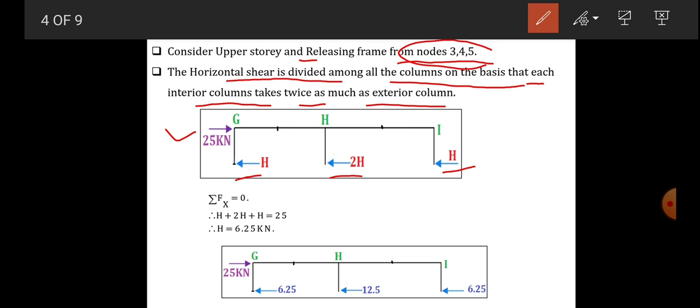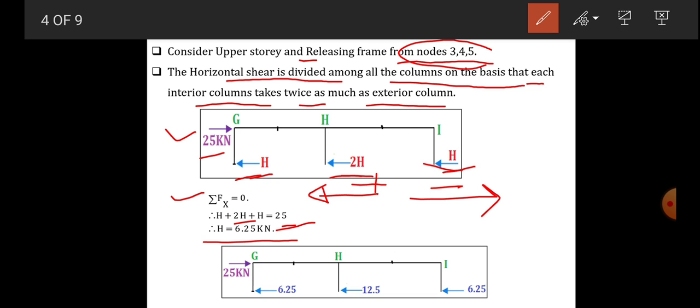Now consider summation Fx. Let's consider toward the left hand side positive and toward the right hand side negative. According to that, plus H, then plus 2H, then plus H, and minus 25, it becomes 25 toward the right hand side.